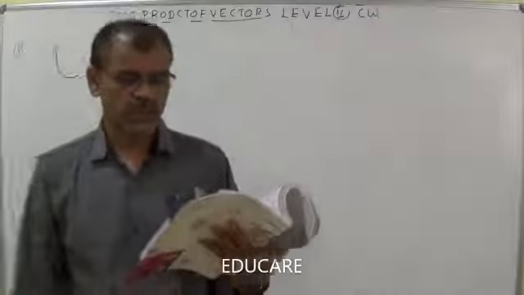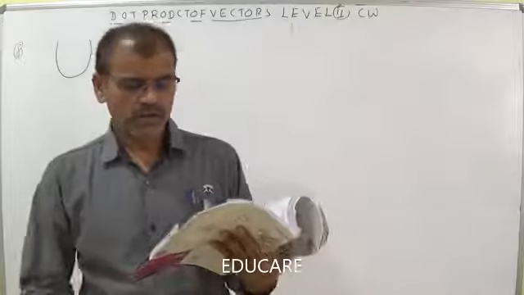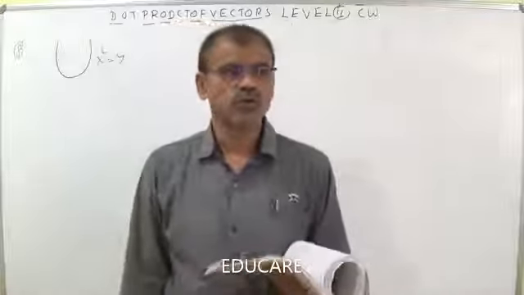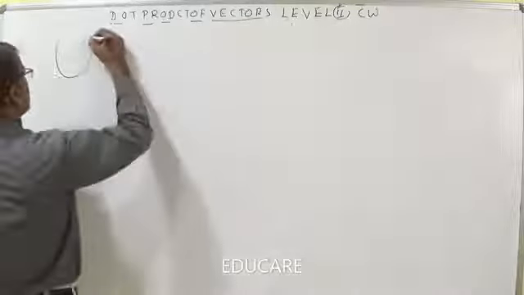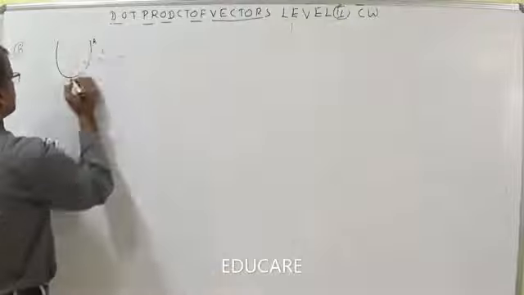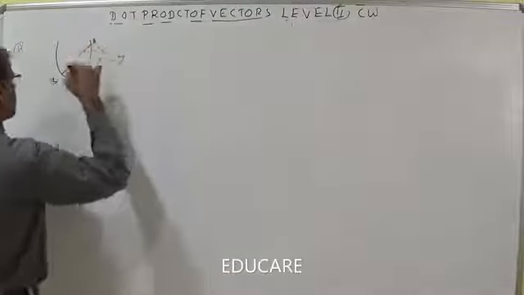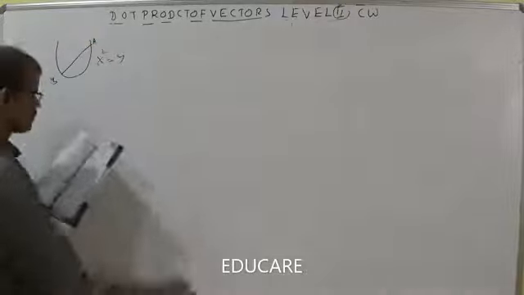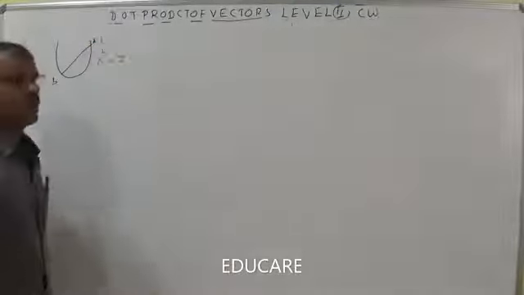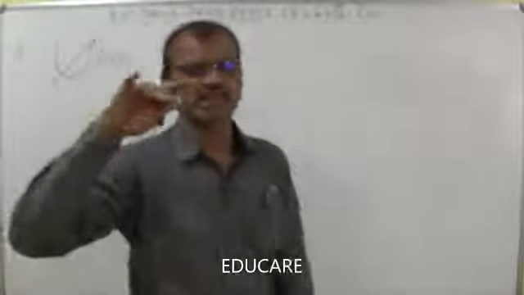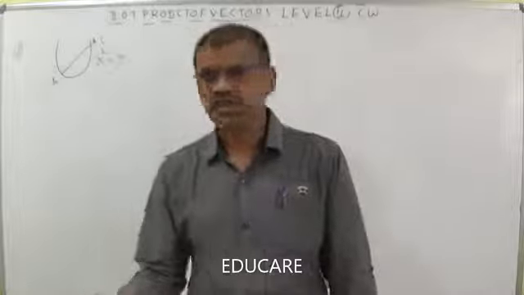A, B are 2 points on the curve y is equal to x square in the xy plane satisfying OA dot i equal to 1 and OB dot i equal to minus 2. Find the length of vector 2OA minus 3OB. Put here a point capital A and a point capital B. Parametric points of the parabola I discussed in tangents and normals as (at square, 2at).